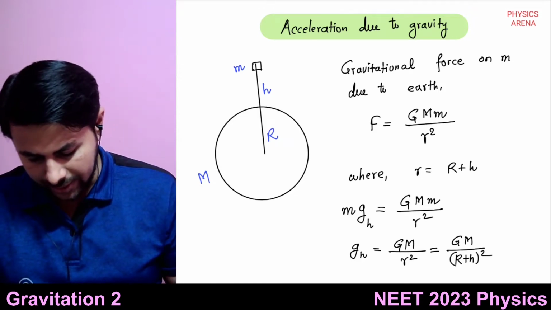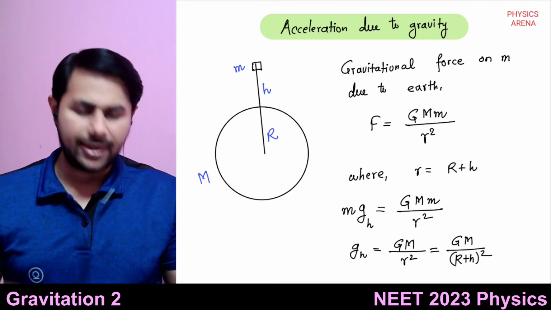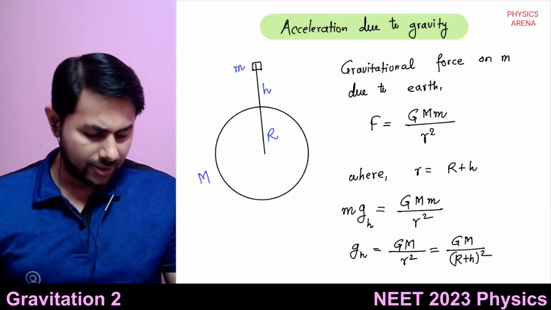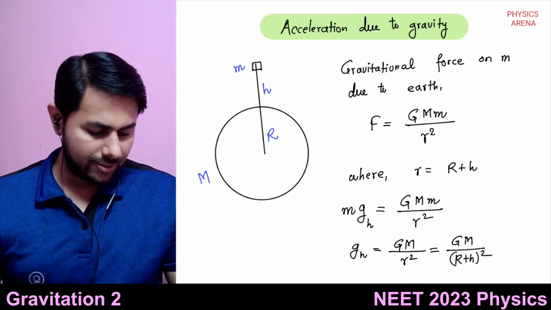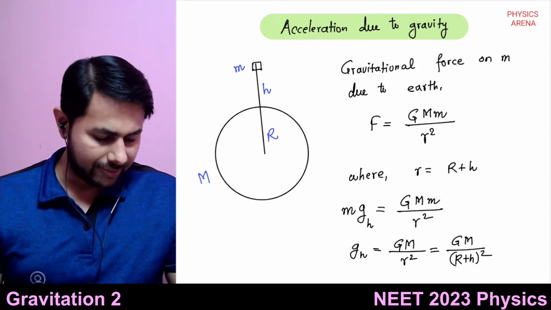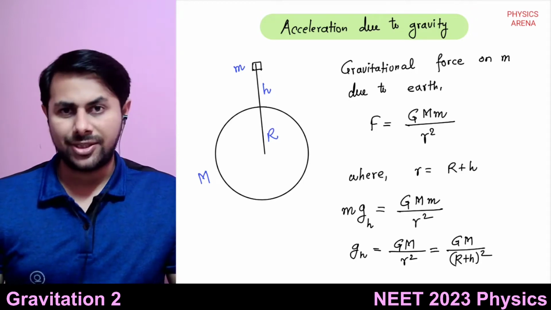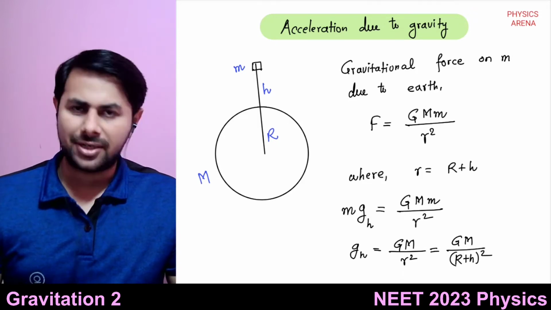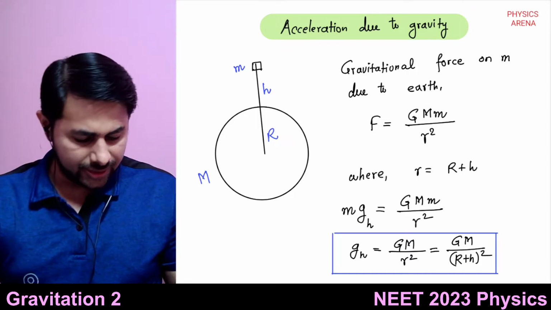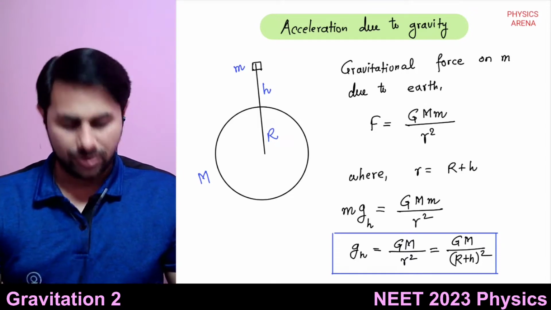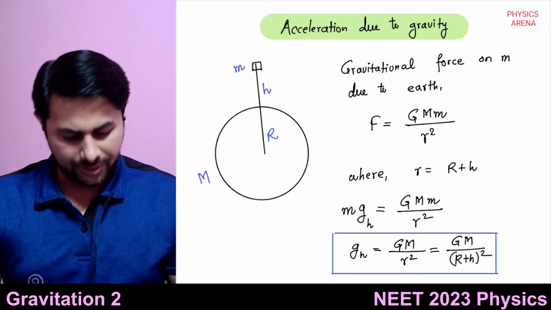So acceleration due to gravity at height h above the earth's surface is G, the universal gravitational constant, multiplied by mass of earth divided by (R plus h) square, where R is radius of earth and h is the height. This is the formula for acceleration due to gravity at height h.